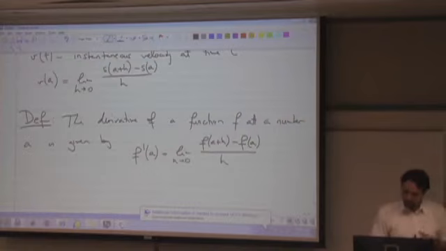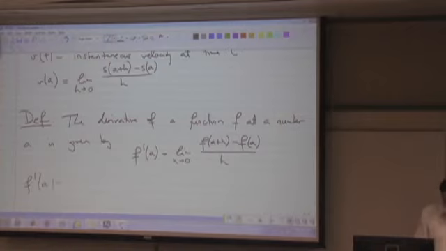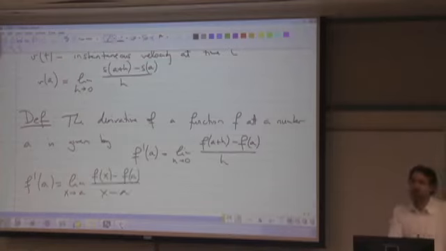Okay. Clearly, f prime of a can be written as the limit as x goes to a of f of x minus f of a divided by x minus a, right? Remember, both of these limits were equivalent.